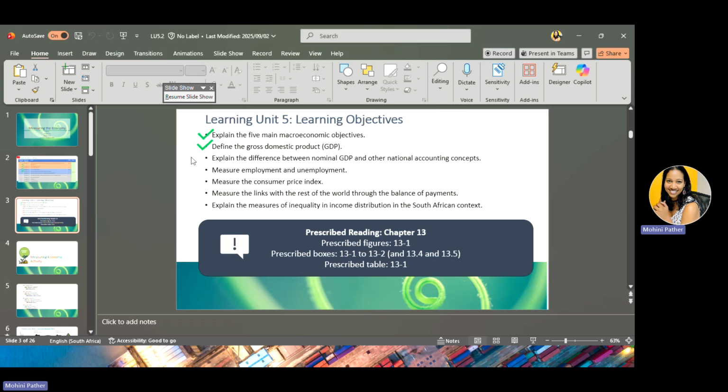You know how to define your GDP, which is the total value of all final finished goods that are produced within the boundaries of our economy within the period of a year. Now we're going to move on to things that are very important in South Africa, which is explaining the difference between nominal GDP and real GDP, as well as unemployment and employment.